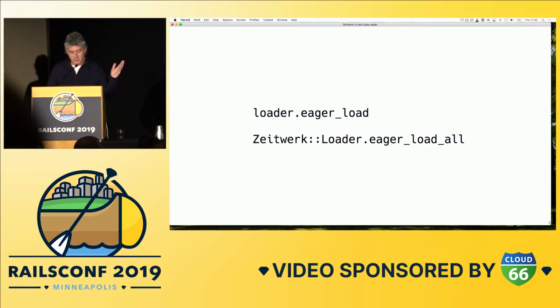Eager loading is this thing. The first call is an instance method. The second one is interesting. It is a class method in Zeitwerk::Loader. It says eager_load_all. So the point of this one is that Zeitwerk keeps a registry of all the loaders that have been instantiated. Okay.